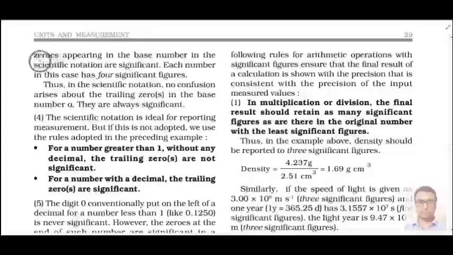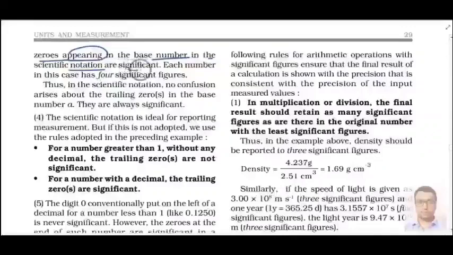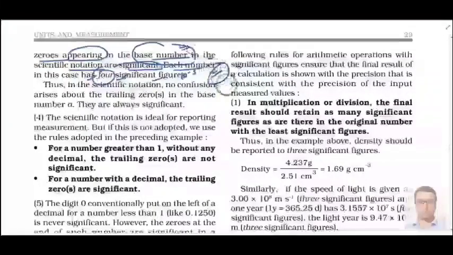So it is saying that the zeros appearing in the base number in scientific notation are significant, and each number in the above example has 4 significant figures. However, the power of 10 is different. In each above example the power of 10 is different, but the base number will have the same number of significant digits.